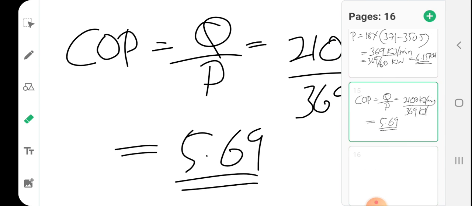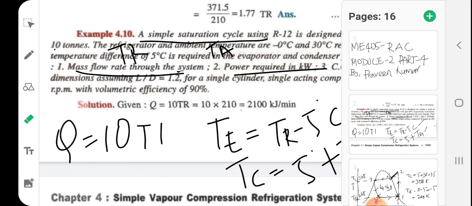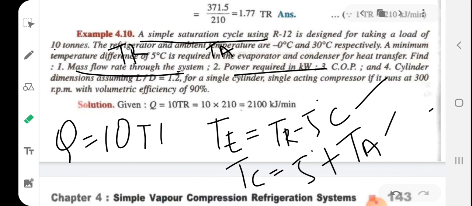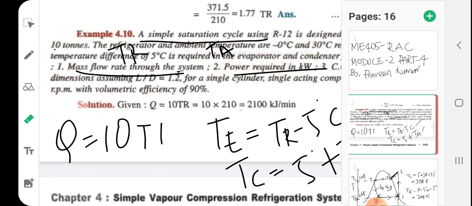And what should be found next? So now we have to find the cylinder dimensions assuming L by D equal to 1.2 for a single cylinder, single acting compressor if it runs at 300 rpm with a volumetric efficiency of 90 percent. So we have to find the diameter of the compressor cylinder.